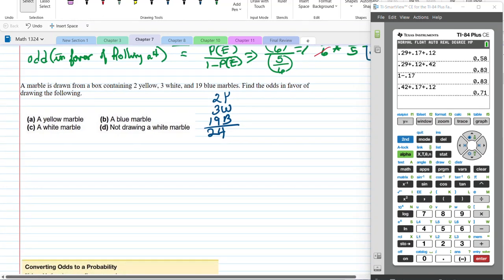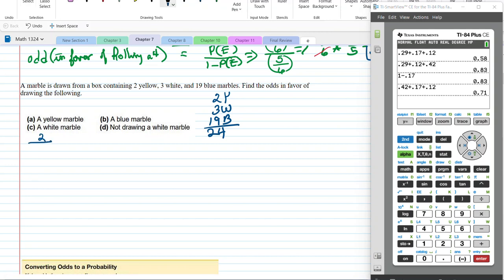A yellow marble. A yellow marble is 2 over, our total is 24 minus 2. So that's going to give us 2 over 22, which is 1 over 11. And that's making sure that we are able to reduce everything in a good form.